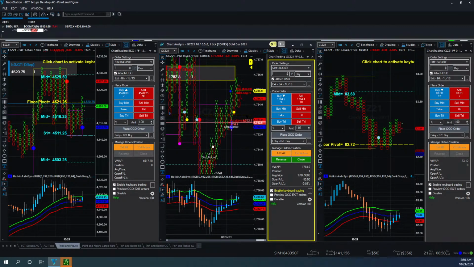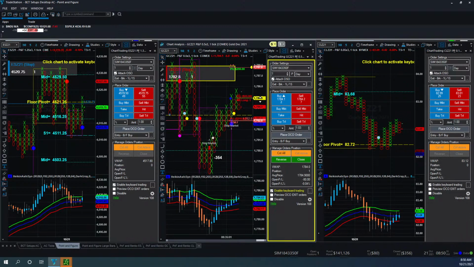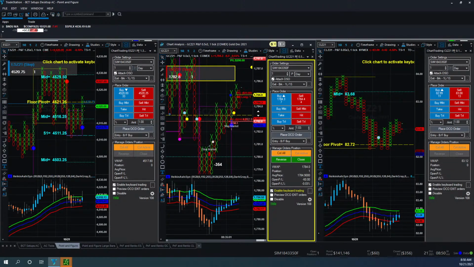So if we get there, it's going to move to the short side. Trade is not working now, so we'll see. $60 down.